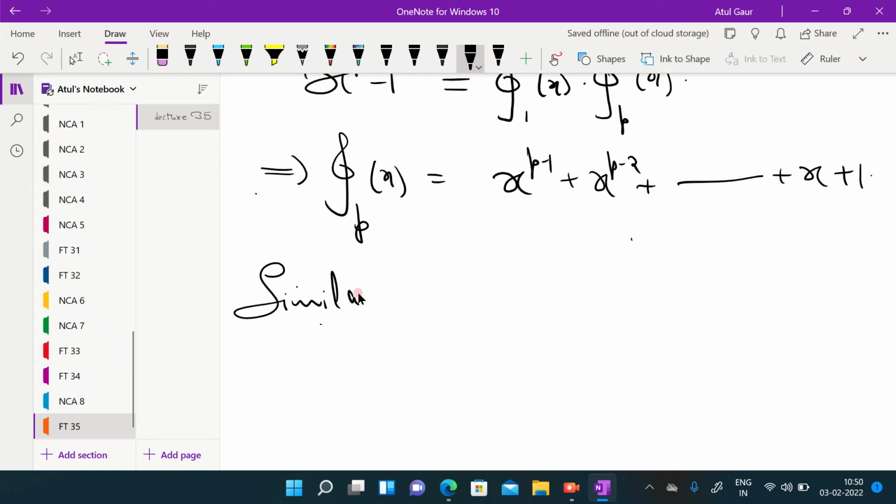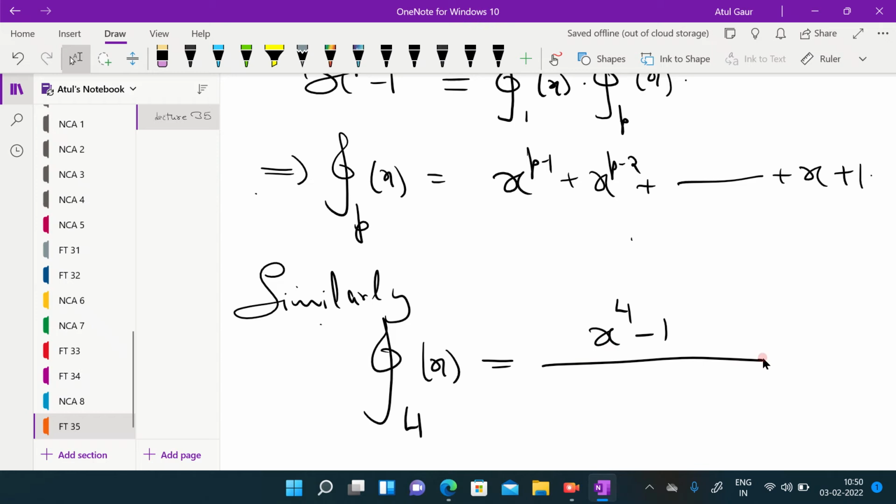Similarly, phi_4(x), which is the fourth cyclotomic polynomial, this will be x^4 minus 1 divided by phi_1(x), then phi_2(x). 3 does not divide 4, so that's it.